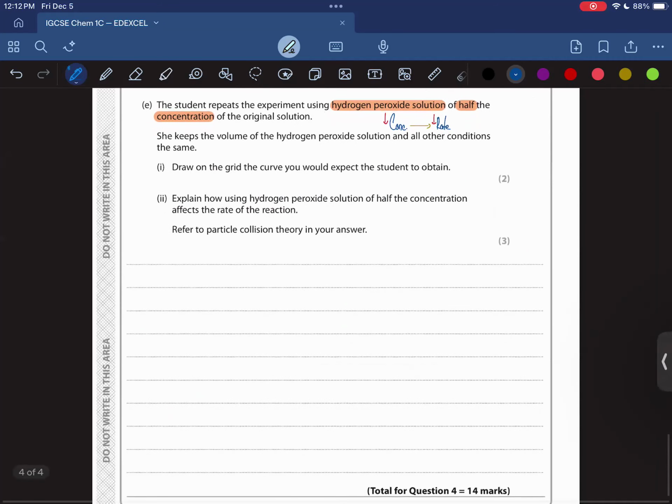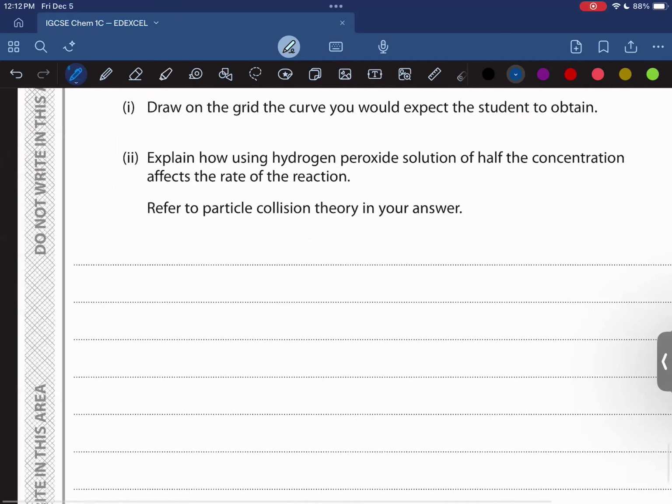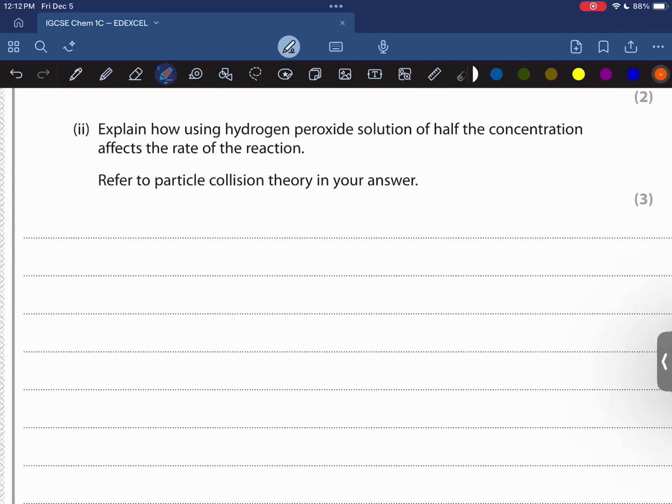So the last question: explain how using hydrogen peroxide solution of half concentration affects the rate of reaction, right? Explain the collision theory in your answer. Sure. So as the concentration decreases, rate of reaction decreases as well, right?